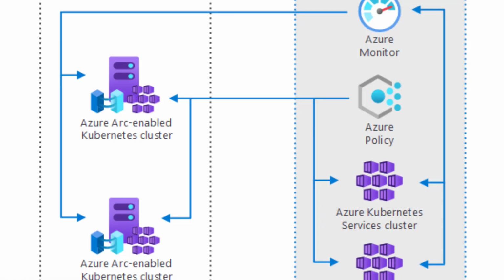Yeah, that's a great question. So Azure Arc Kubernetes is basically there to extend Azure's capabilities to Kubernetes clusters anywhere you might be running them, right?